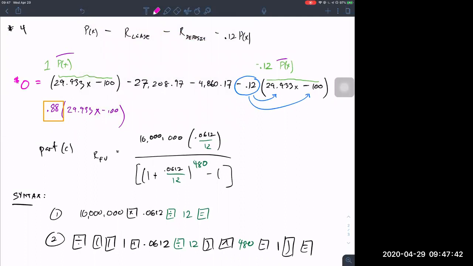So my follow-up question to you is, what about that do you feel went astray? Because this and this are okay. So it's just a matter of, did you distribute the negative 0.12 or did you use the 0.88 method? I think I distributed the lease and deposit wrong, actually.